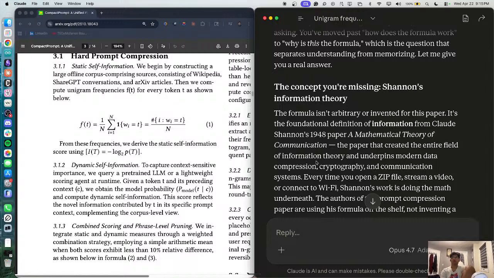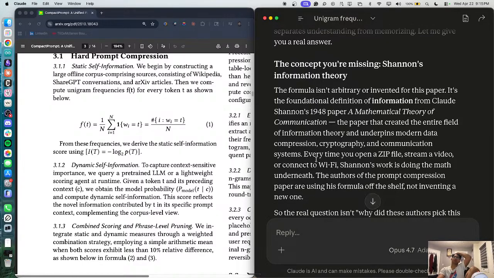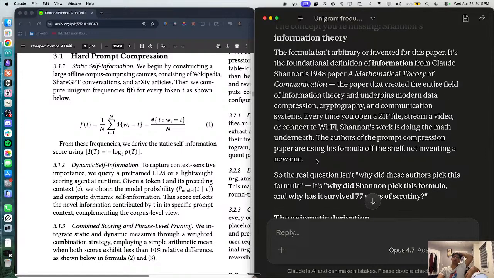The paper that created the entire field of information theory underpins modern data compression, cryptography, and communication systems. Every time you open a file, stream a video, or connect to the internet, Shannon's work is doing the math underneath. The authors of the prompt compression paper are using his formula off the shelf and not inventing a new one.